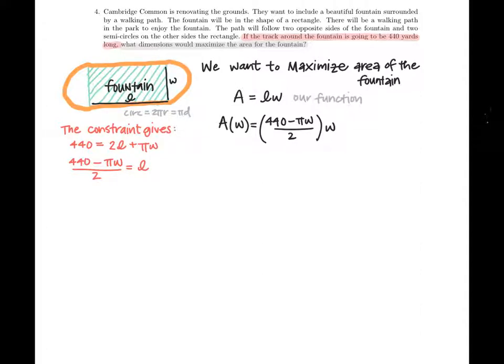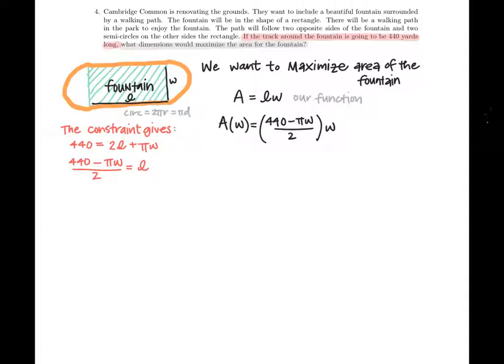If you just found it on a worksheet, and it wasn't even an area function, just 440 minus pi times W over 2 times W, what is W allowed to be? It could be any real number.